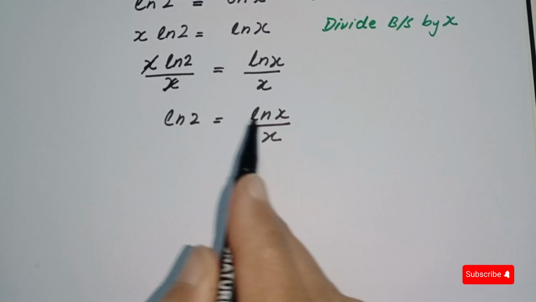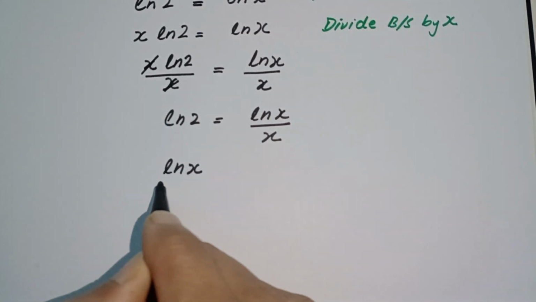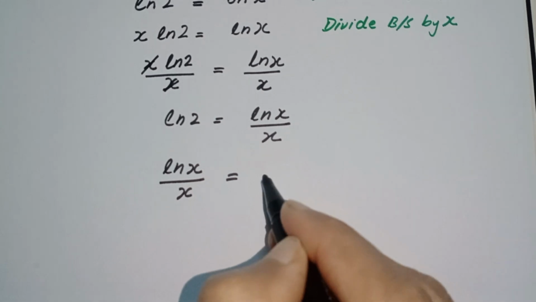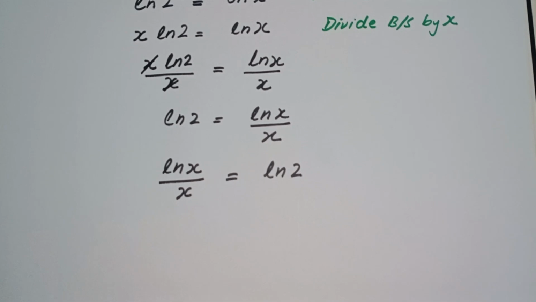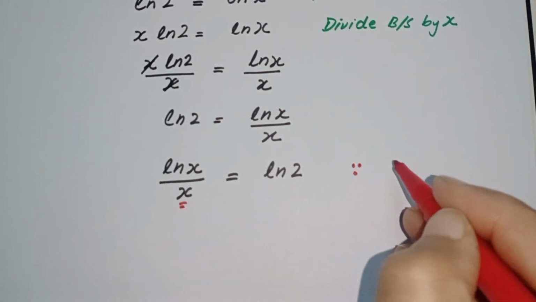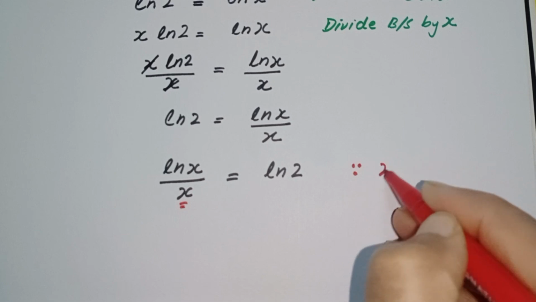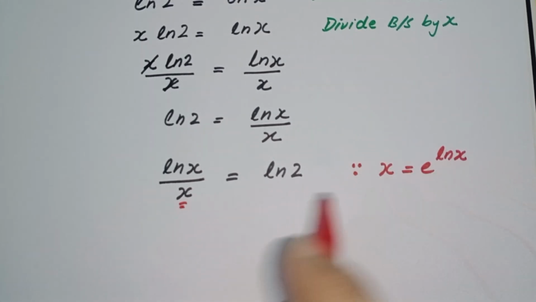So we can write natural log x over x on the left hand side: natural log x over x is equal to natural log 2. From here, we know another property that we can plug in the value of x. What is the value of x actually? We can write x as e to the power ln x.